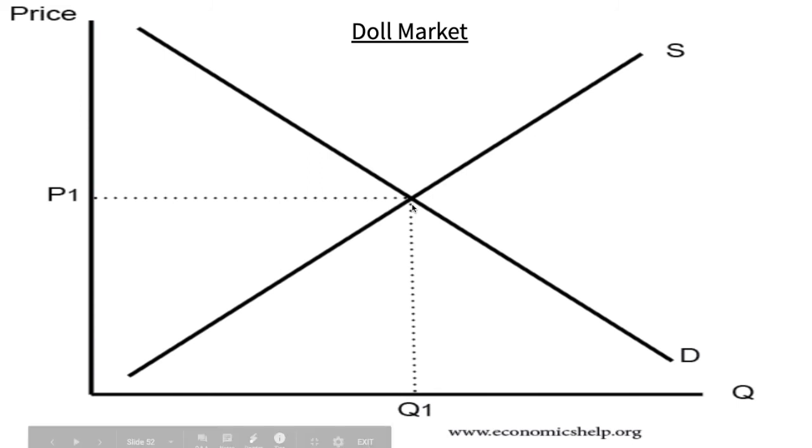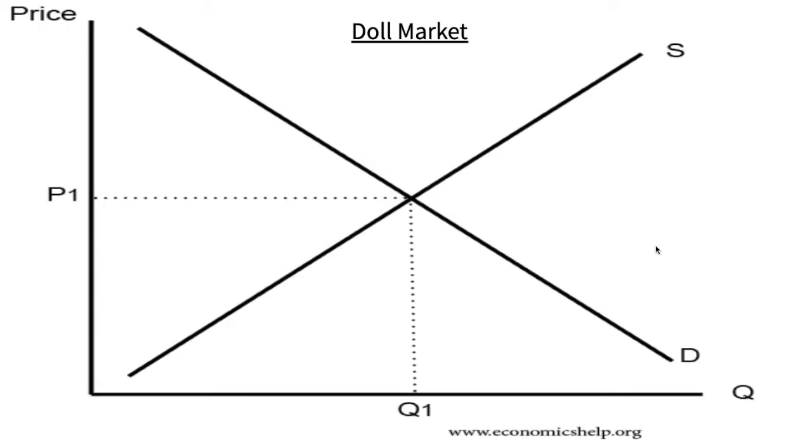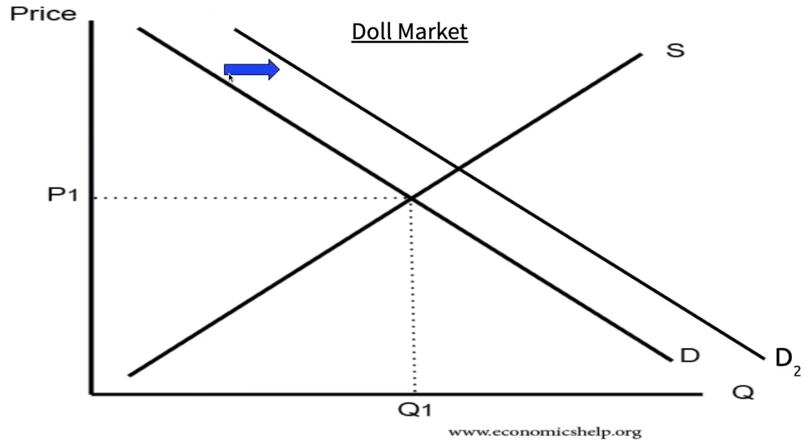But you know that the price of blocks just increased, and you also know that the two are substitutes. With substitutes, as the price of one thing goes up, the demand for the other goes up. So on your graph, you would have to show a rightward shift in demand for dolls because people are going to demand more dolls.